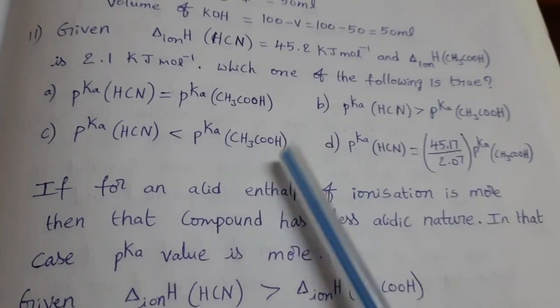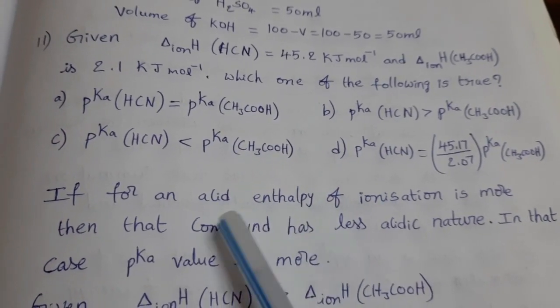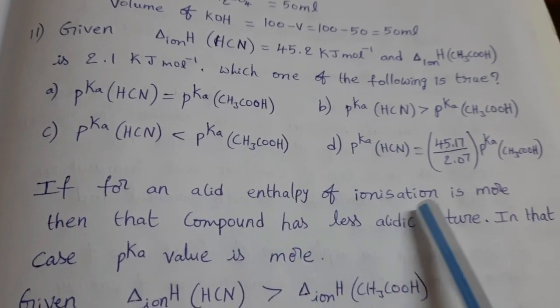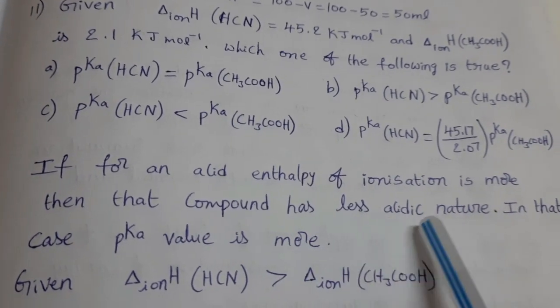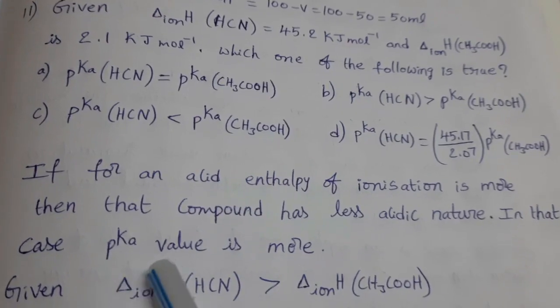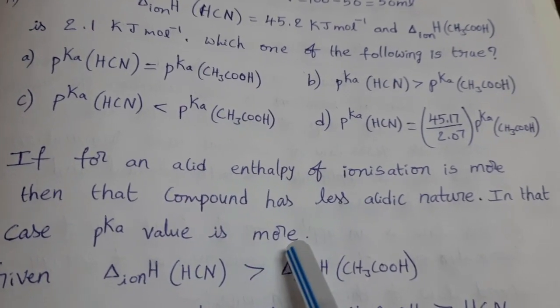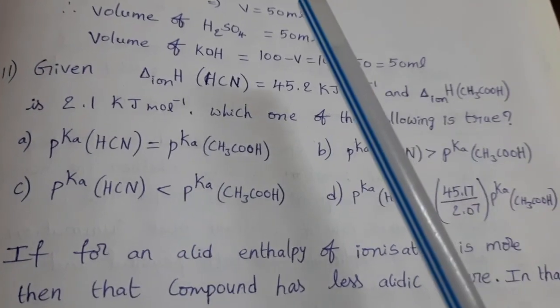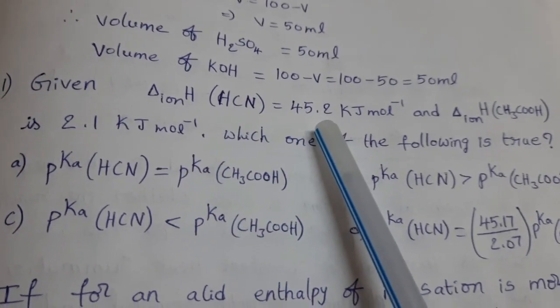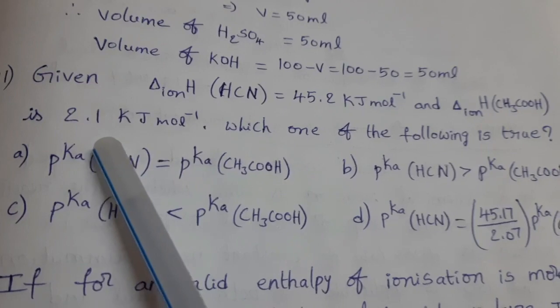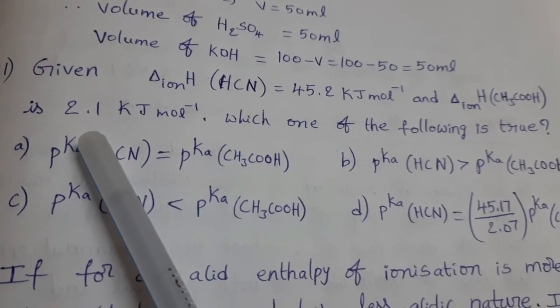Same thing we mentioned here. For an acid, if enthalpy of ionization is more, then that compound has less acidic nature. In that case, pKa value is more. Now, enthalpy of ionization of HCN is 45.2. For CH3COOH it is 2.1.